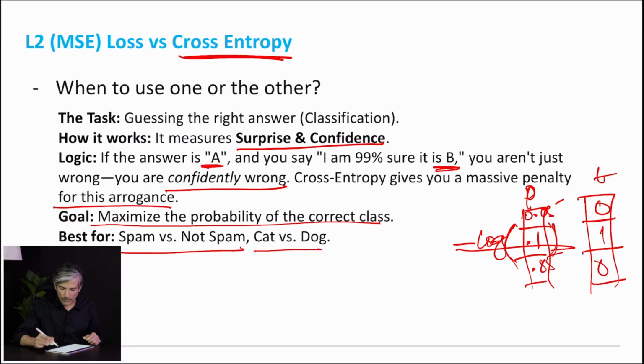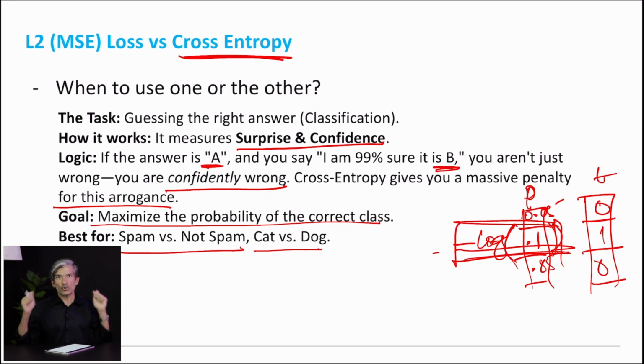Whatever is the probability of the correct class is what we want to maximize. So if you get a very low score for that correct class, you want to give it a massive penalty and say, wrong! That is what cross entropy will do.